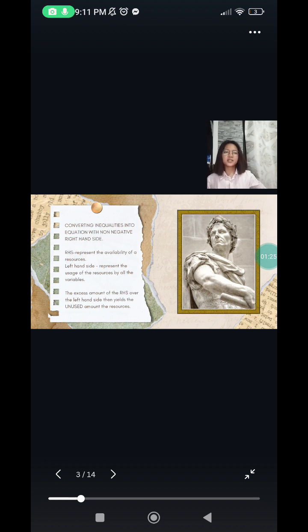The excess of the right-hand side over the left-hand side then yields the unused amount of the resources. This unused amount is the slack variable that can be added to the problem to make it equal, because there are some cases where the RHS and LHS are already equal.